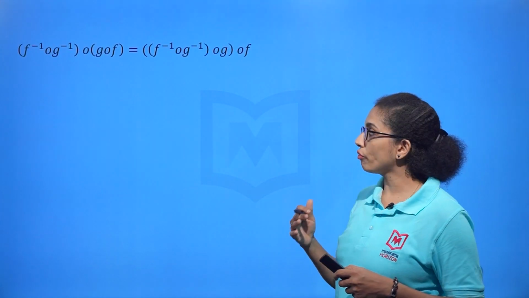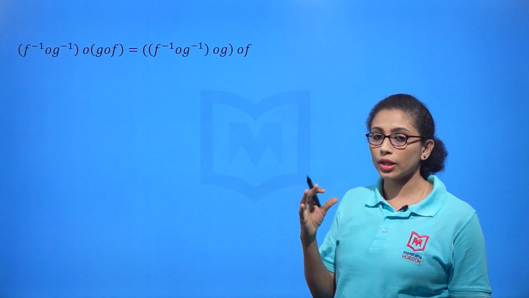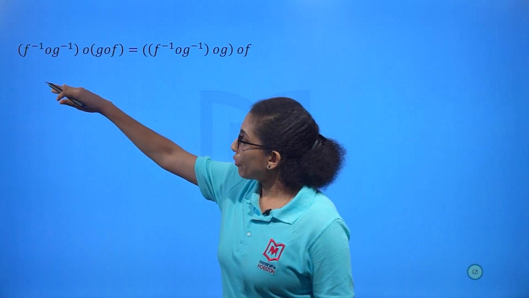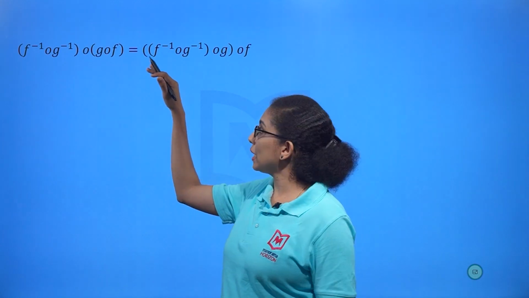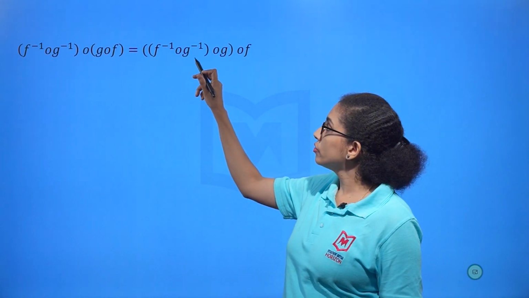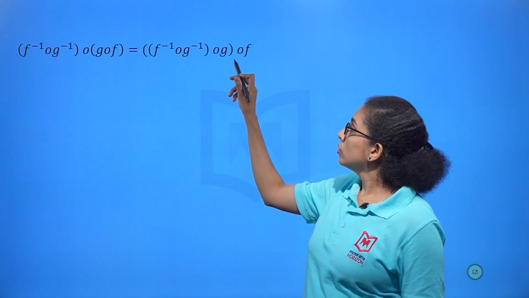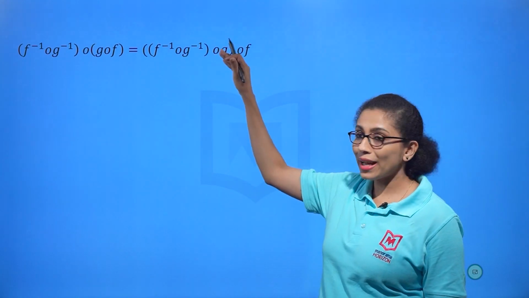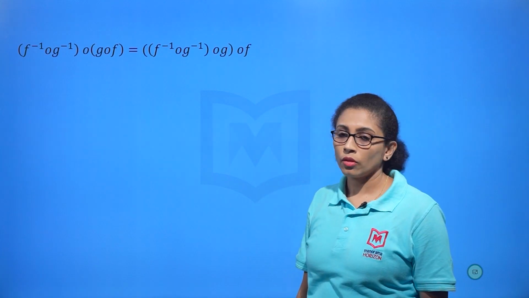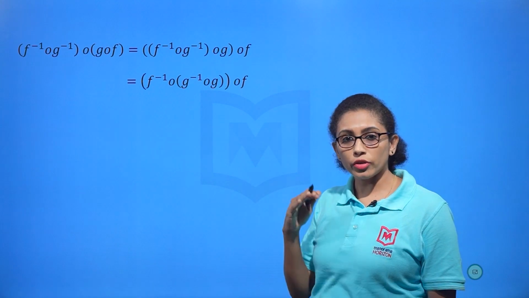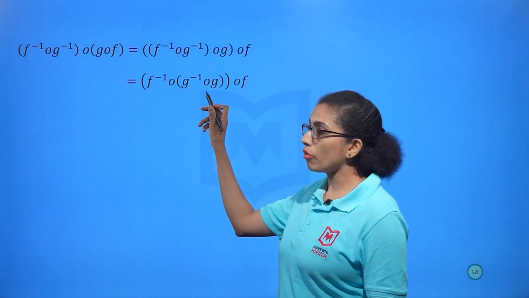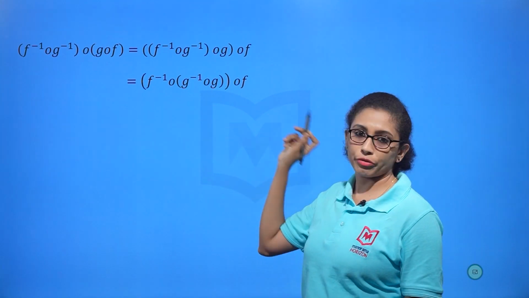Now use the theorem h of g of f is equal to h of g of f, our first theorem. Using that we can solve f inverse of g inverse of g of f. Applying the first theorem here, this can again be written as f inverse of g inverse of g of f.